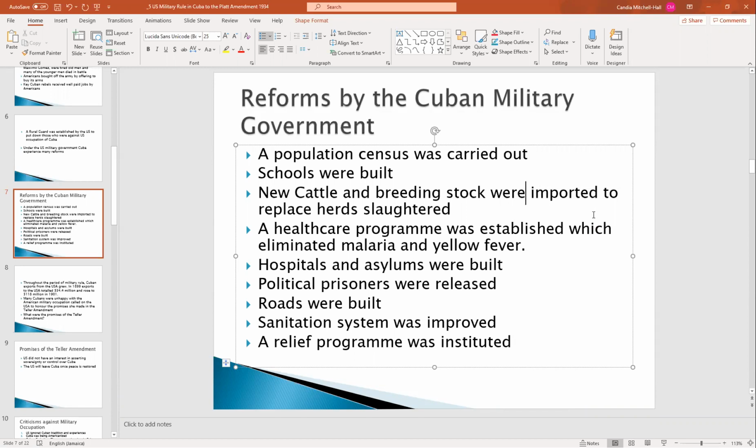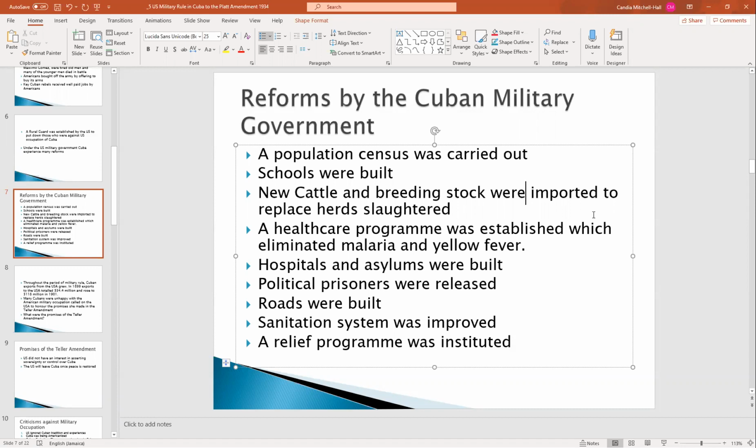So the American army running Cuba, controlling Cuba, governing Cuba. So one of the things that they did was that a population census was done. You count everybody in the population in the country. Count everybody to ensure that you know how many persons are there.